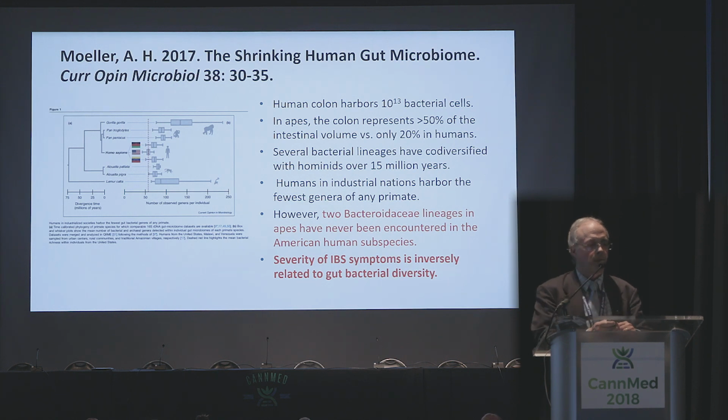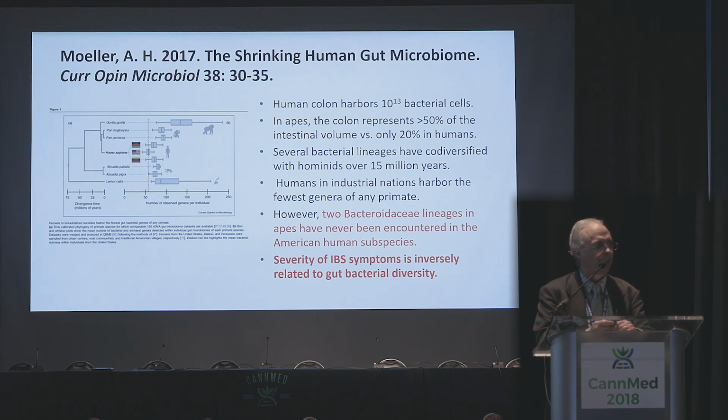The same group did a subsequent study, again showing that there are also anatomical differences. In apes, the colon is greater than 50% of the intestinal volume versus only 20% in humans. It's clear that several bacterial lineages have seemingly followed evolutionary-wise with hominids over the last 15 million years.